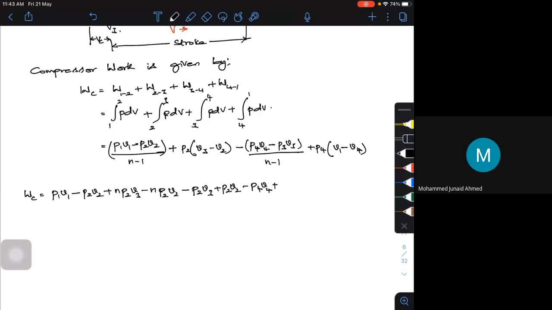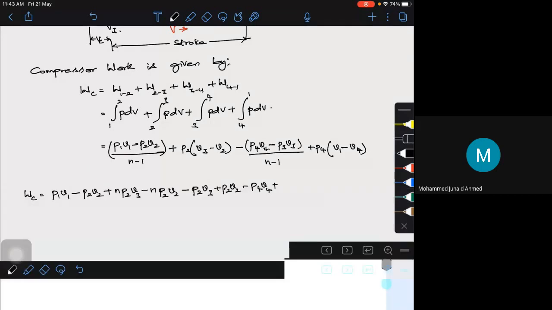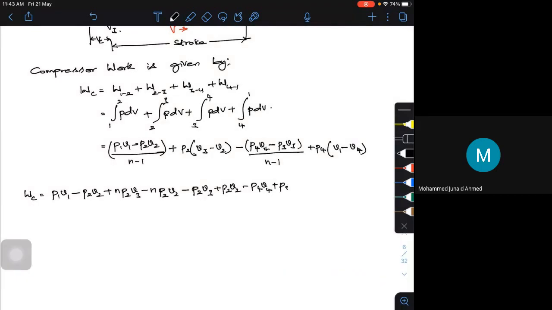Minus into this thing will be plus. So this will be P3 into V3 plus n into P4 into V1, minus n into P4 into V4, then minus.